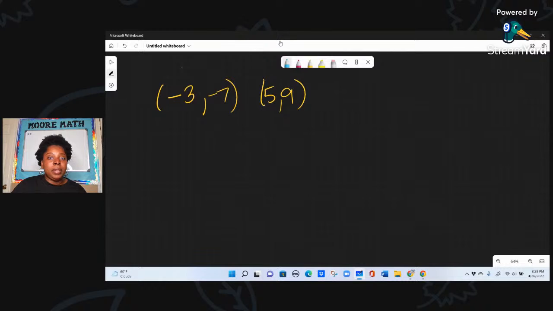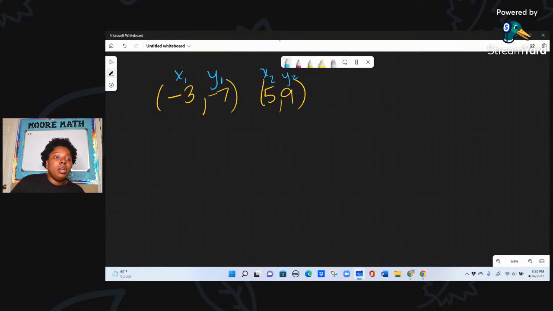Let's label it. This is your first x, and this is your first y. This is your second x, and this is your second y. Okay.